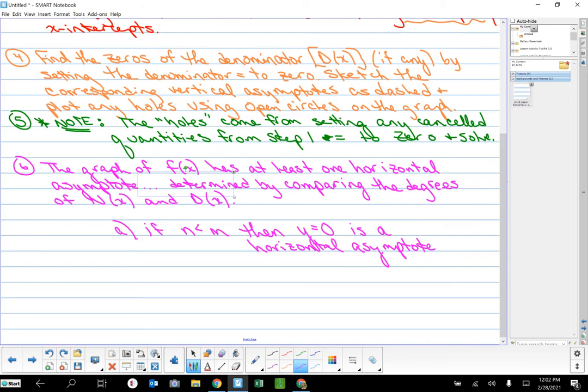And so that is y equals 0. So that's the x-axis. So that would sit right on the x-axis. All right, I'm going to go snag my pre-calc book really quick so we can figure out something. Be right back.